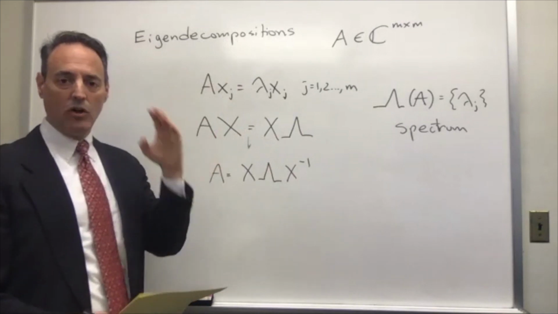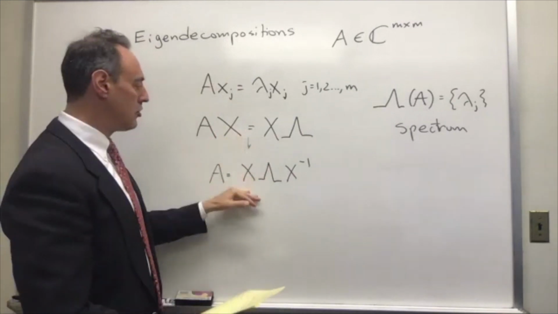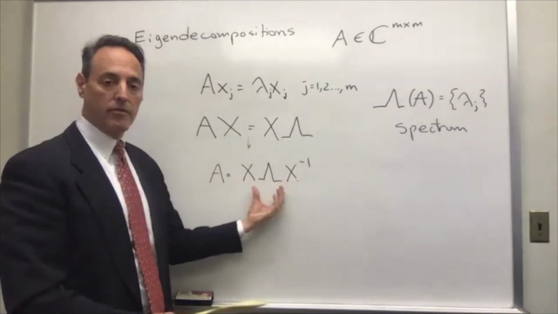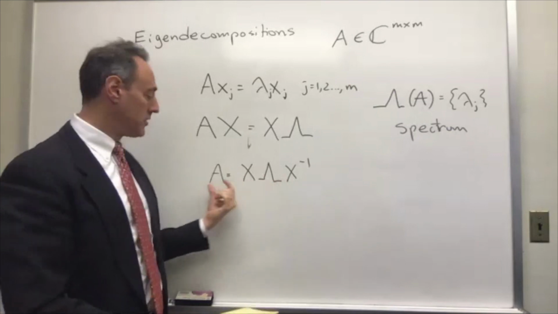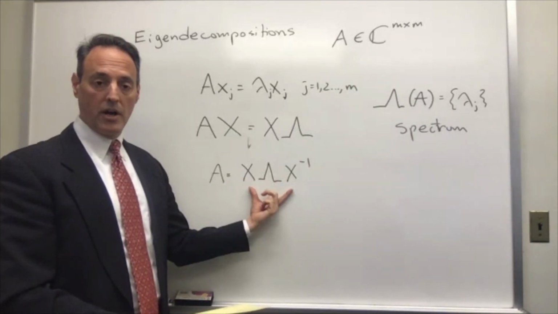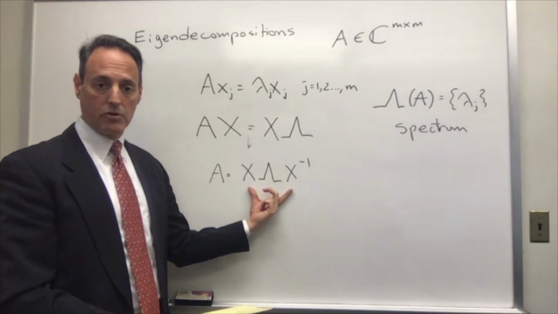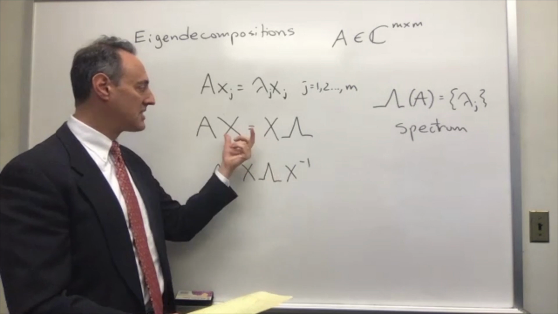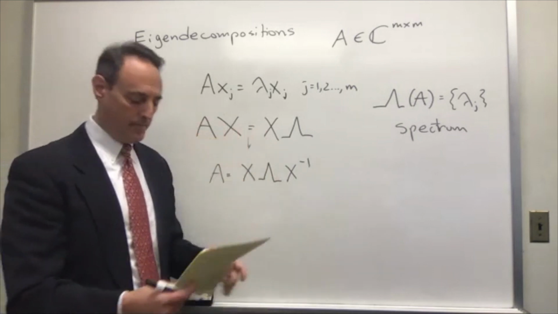So a single basis to do your decomposition. And then in that decomposition, you have x inverse to take this A into this decomposed form. We're going to talk about what that means more in a second in terms of diagonalization of a problem. But that's what you have, a single basis set.